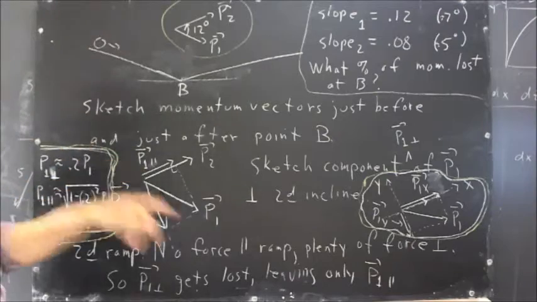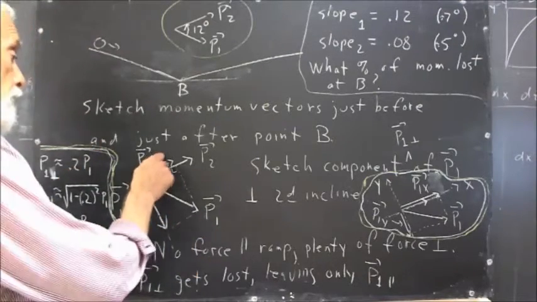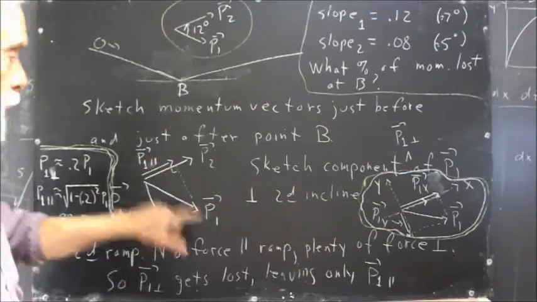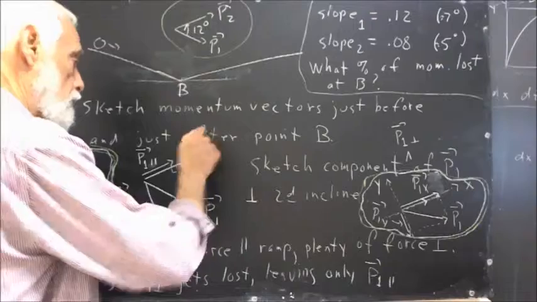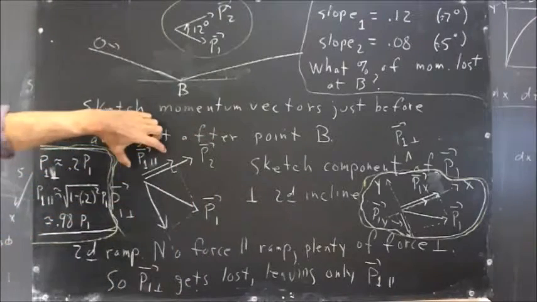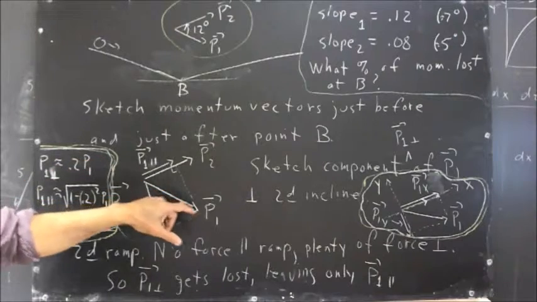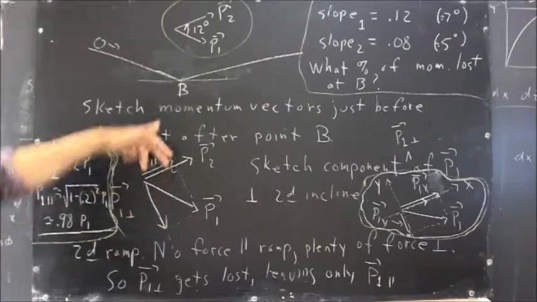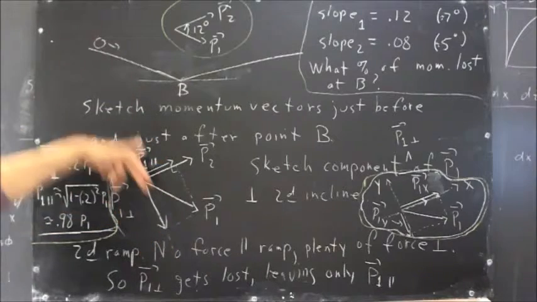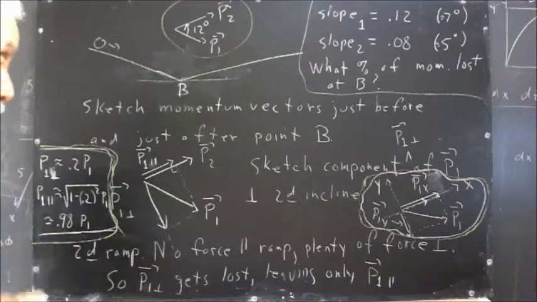To sketch that, we first project P1 onto P2. That gives us the vector P1 parallel. That can be subtracted from P1 to get P1 perpendicular. Of course, just sketching it, we can sketch a dotted line perpendicular to P2 and project P1 onto that dotted line.